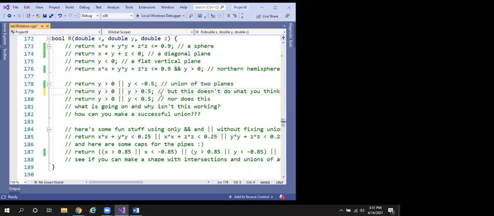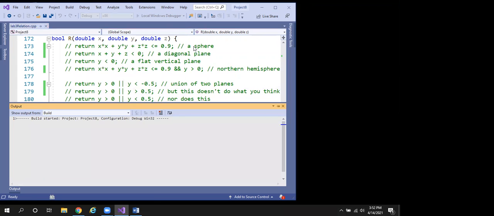See if you can figure out, instead of making an intersection like this one, which you would use and, now you're trying to make a union, but or doesn't work all the time. It only works sometimes. The question is why, and can you fix it, right? And here's some fun stuff using only and or without figuring out the union part of it.